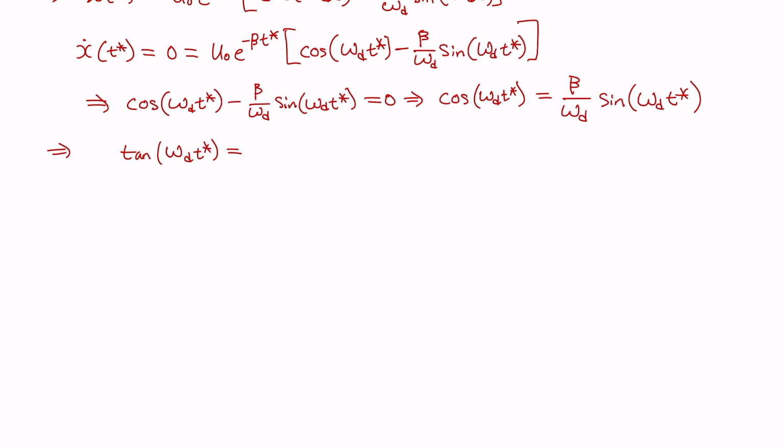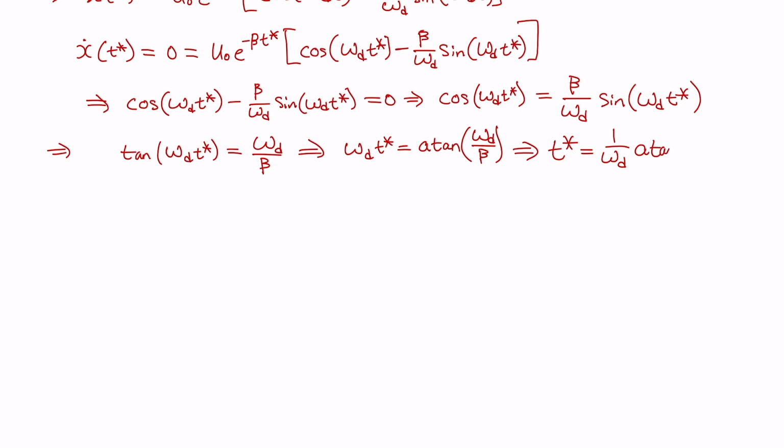So we're going to multiply by omega d and divide by beta. And then we're going to take an inverse tangent on both sides, and we'll get that omega d t star is equal to the arctangent of omega d divided by beta, such that t star is equal to 1 divided by omega d times the arctangent of omega d divided by beta.